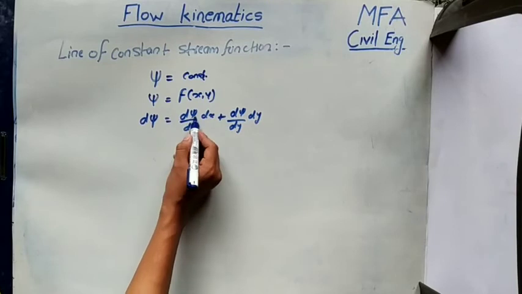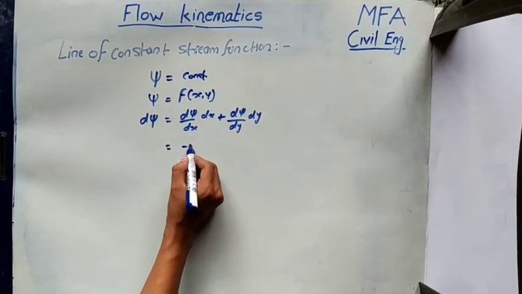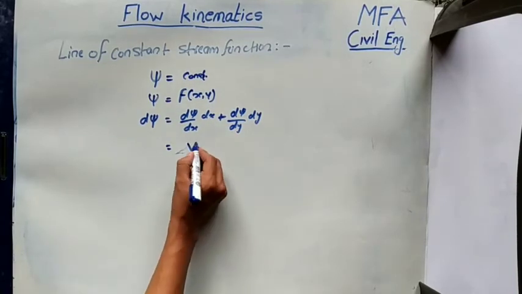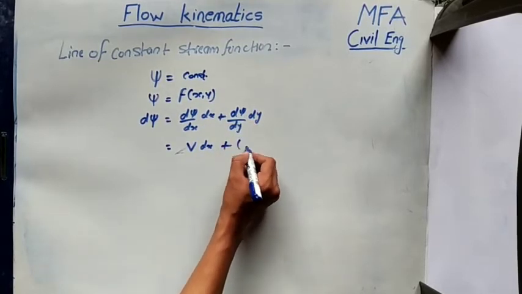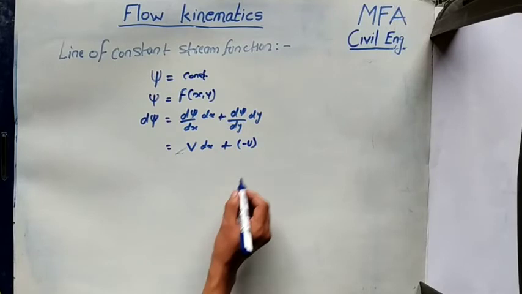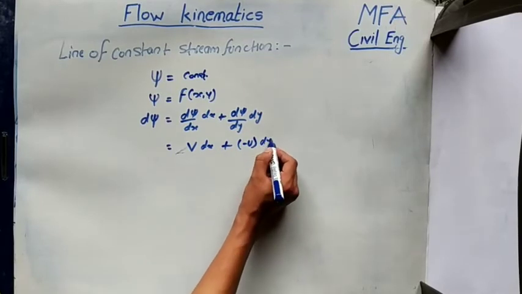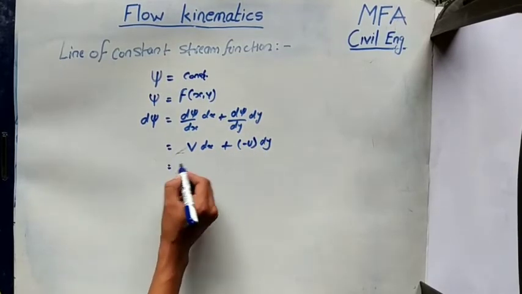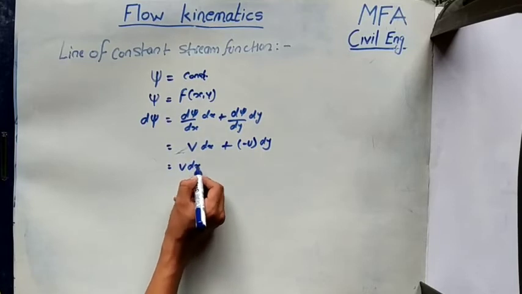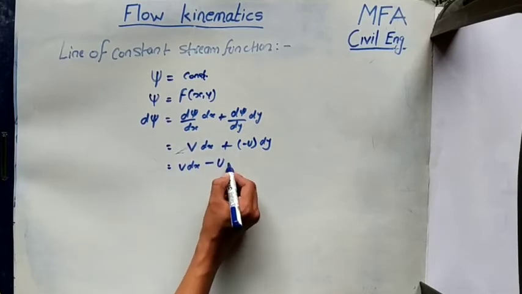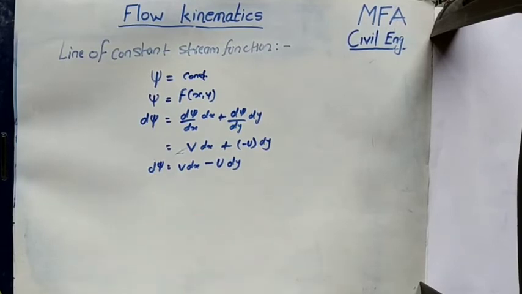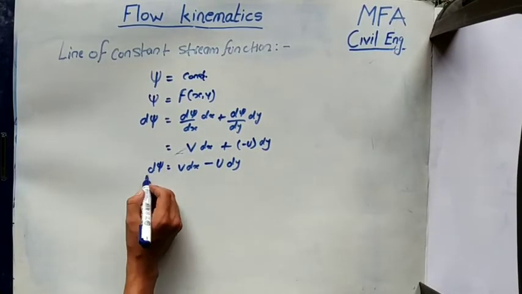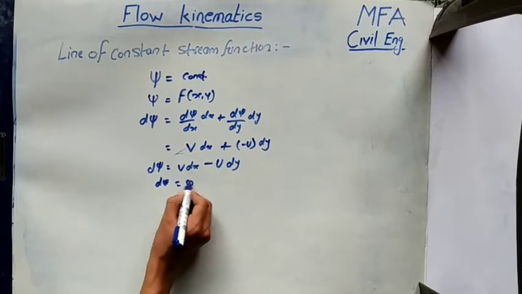We know the value of d psi upon dx is v, and d psi upon dy is minus of u, the velocity in the x direction. This is equal to v into dx minus u into dy, that is d psi.